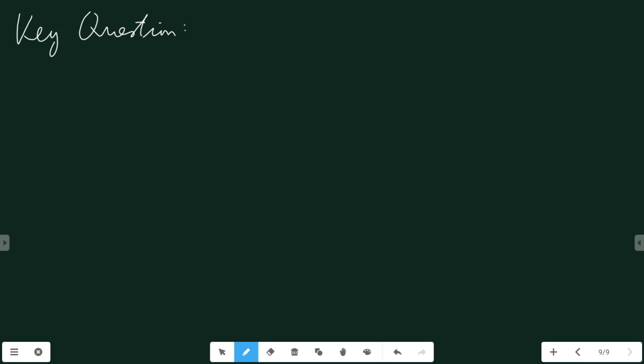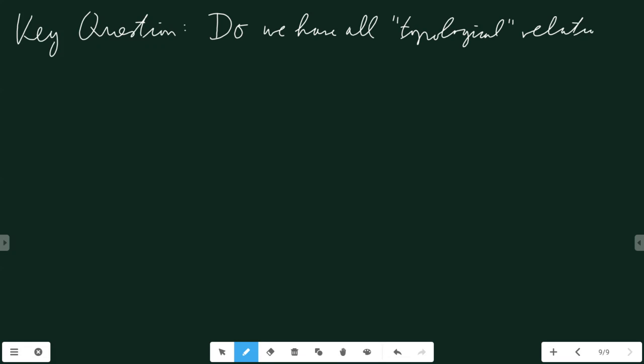And the answer is almost, which is a pretty nice answer. Let me tell you. Key question: do we have all relations using just algebras and co-algebras? All, let me call them topological relations. You certainly need to use both, right?